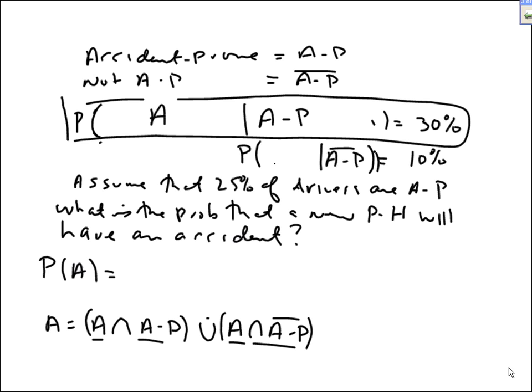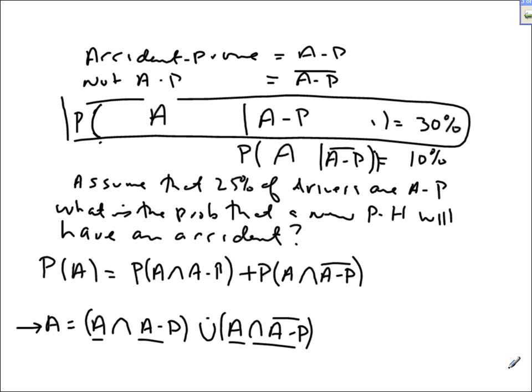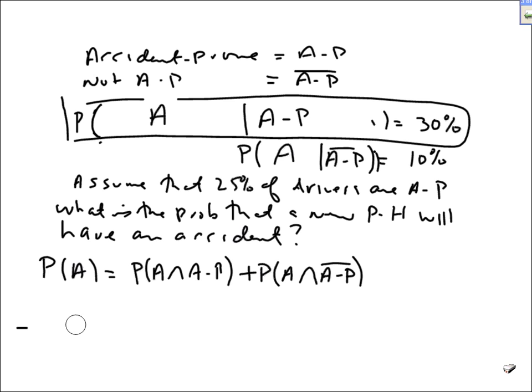The probability that you have an accident, given that you're not accident-prone, is 10%. Okay, so P of A, reading this bottom line here, is equal to P of A and AP plus the probability that you have an accident and you are not accident-prone. Due to some constraint on my board, I need to erase that.